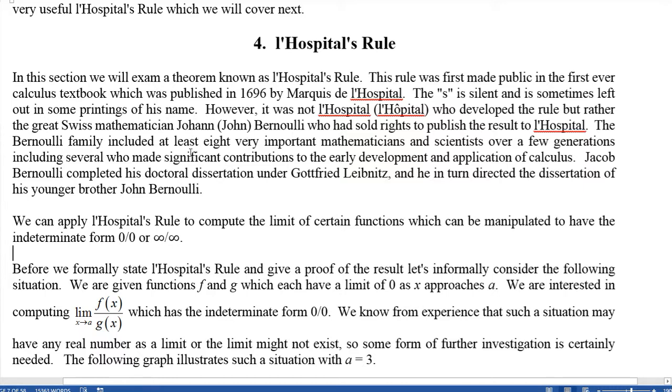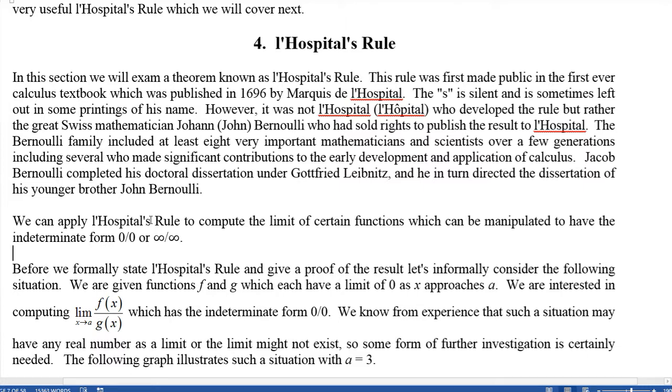So the Bernoullis and Leibniz, and also Newton and some of his followers, were very much working on trying to make calculus useful and seeing what we could apply it to. So they looked at it as, hey, this is this great new tool that we have. Let's see what we could do with it. And so L'Hopital's rule is one example of such a little thing that they can do.